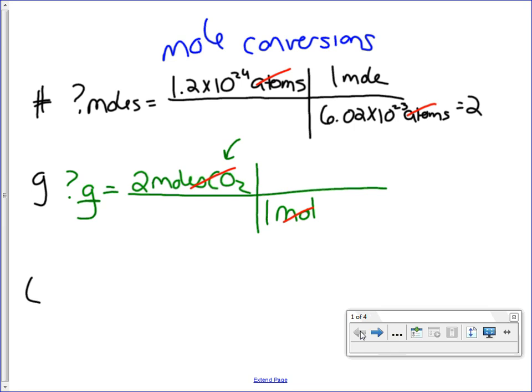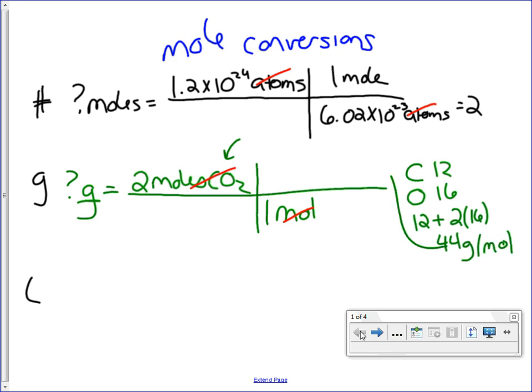How many grams are in a mole of carbon dioxide? Well, carbon dioxide, you need to get its molar mass from your periodic table. Carbon weighs 12 and oxygen weighs 16. So you add up the parts that make up CO2. 12 for carbon, and then I have 2 oxygens, so 2 times 16. That gives me 44 grams per mole. And that's what I put here. Okay, the 44 goes up here.